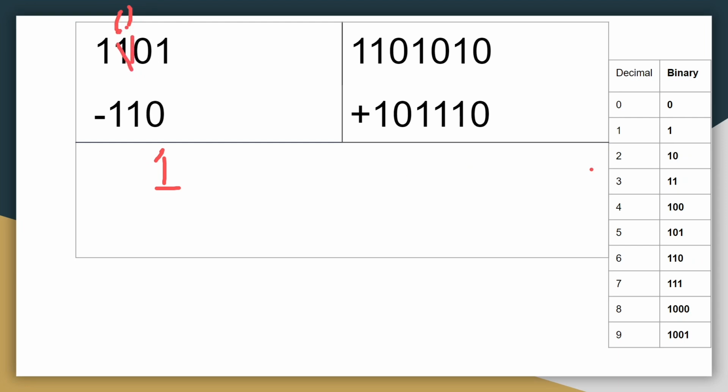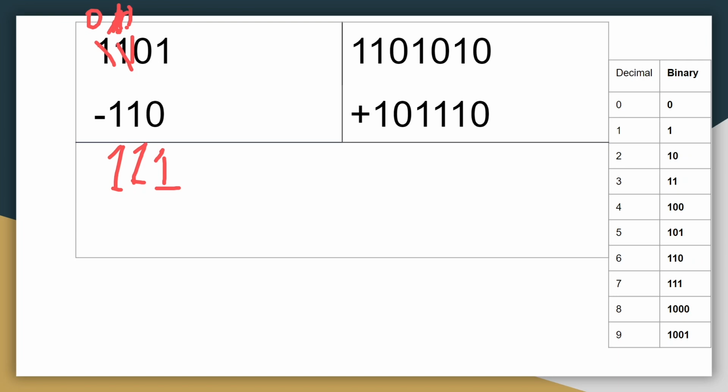This isn't just 1, it's actually 2. So 2 minus 1 is 1. And then this is a 0 over here since we borrowed, so we add a 1 here and this becomes 10. 10 minus 1 again is 1. So 1101 minus 110 is 111.